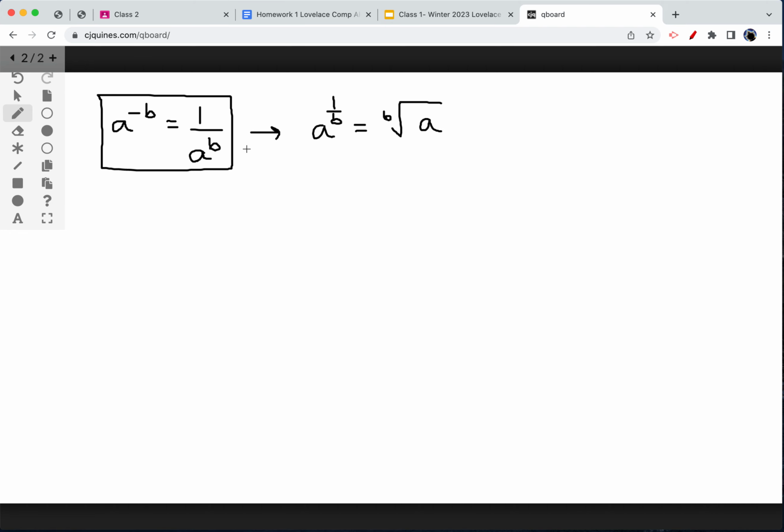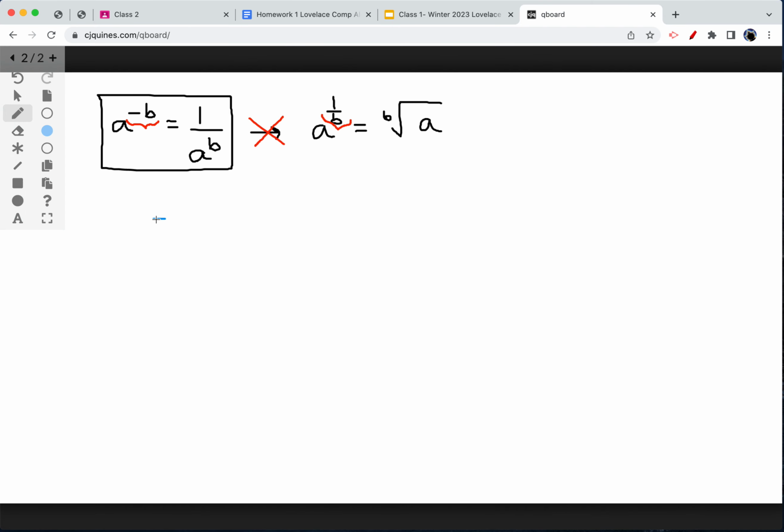So note that these two things, they aren't the same. Since over here, we clearly have a to the power minus b, but over here, we have a to the power 1 over b.